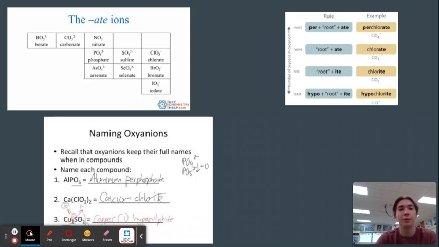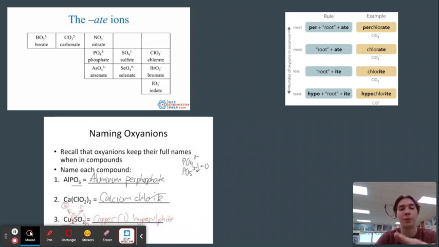So when you apply the -ates and the -ites and things like that, you're going to just be using the same thing except with one less oxygen atom for the ones in the elbow.